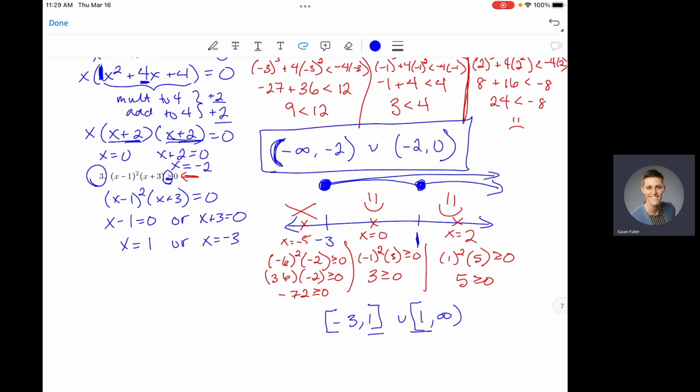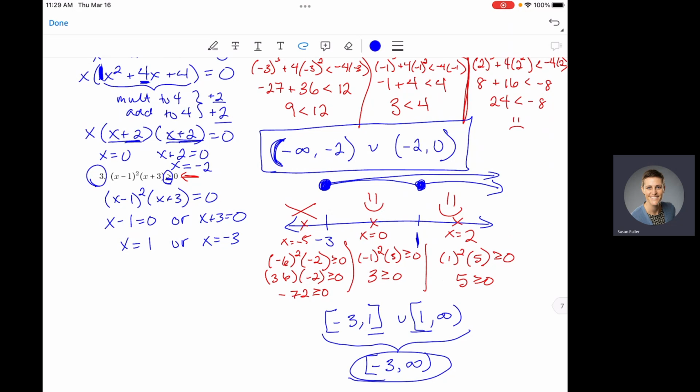Since this one is repeated and it works, this whole thing is the same thing as the interval from negative 3 to infinity. I can write this as a single interval instead of a union of 2 other closed intervals.